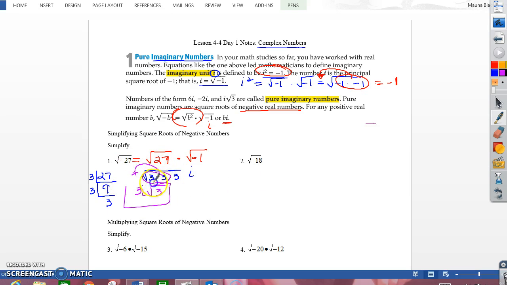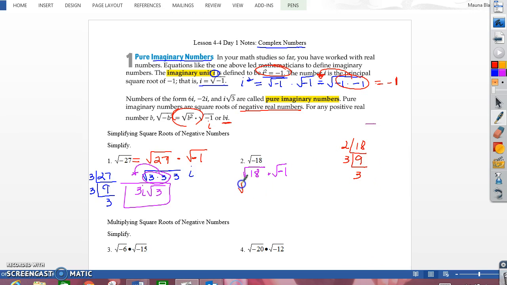Okay? So over here I have the square root of -18. We break that down into the square root of 18 times the square root of -1. So I break down my 18. A prime number that goes into 18 is 2, and we get 9. 9 is not prime. The prime number that goes into 9 is 3.